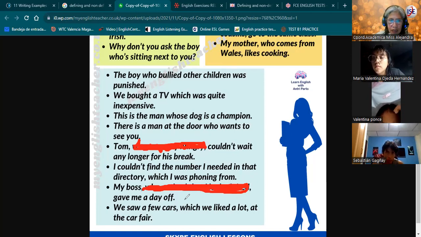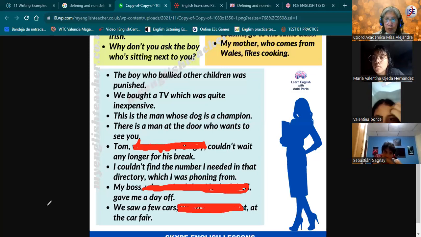It makes sense. We saw a few cars at the car fair. So if I eliminate the non-defining, there is no problem. I can understand the sentence perfectly.